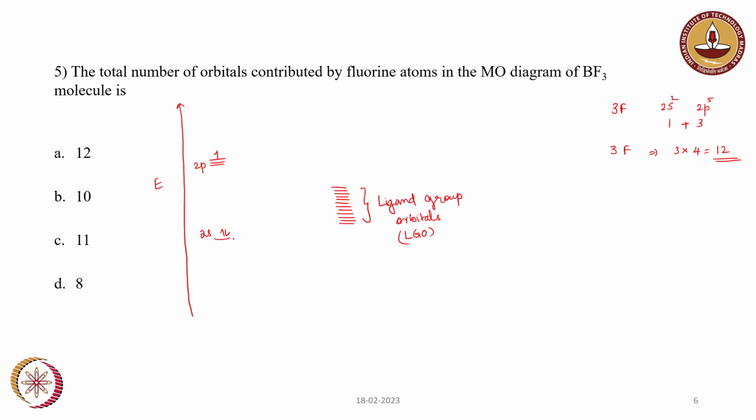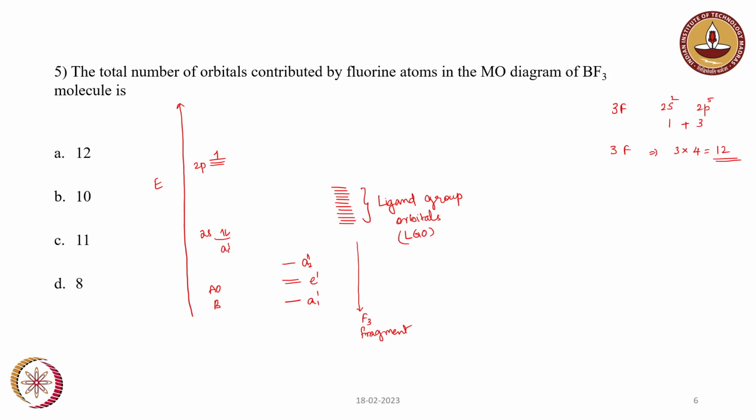So they'll combine with the 2s and 2p. First they'll form bonding molecular orbitals: A1 prime, then 2 degenerate orbitals, then A2 double prime.